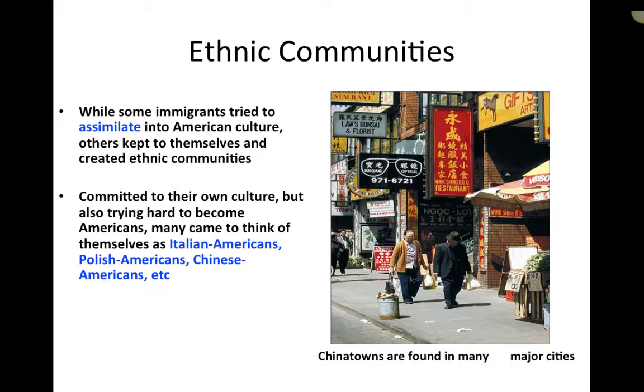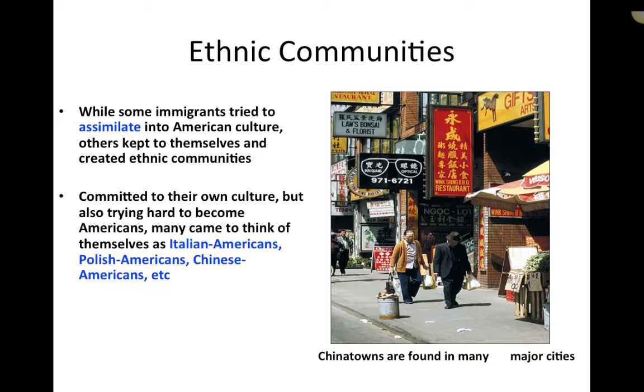Now, because we've spoken about this before, assimilation, we see when it comes to immigrants, all different levels of assimilation. So those that want to assimilate to American culture, in fact, you see that more here, that they're committed to their culture, but they're also trying to become Americans.